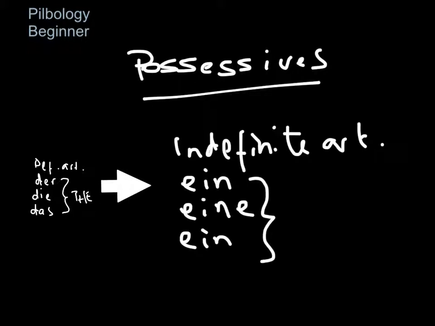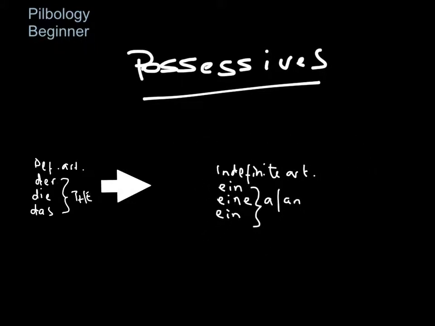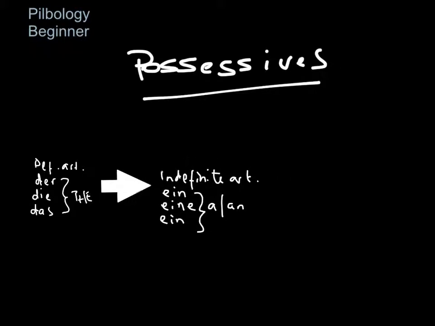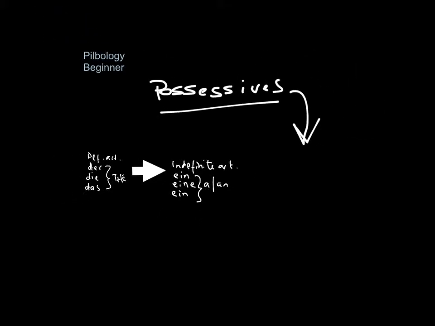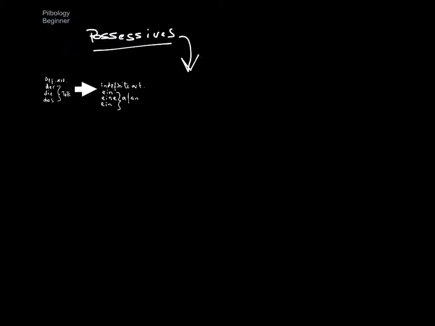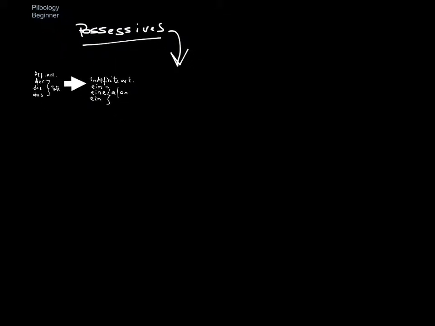And these all meant a or an. For example, ein Hund, or ein Haus, or eine Katze. So those are the indefinite articles. And the next stage along from that is in fact the possessives. So let's have a look at that now.